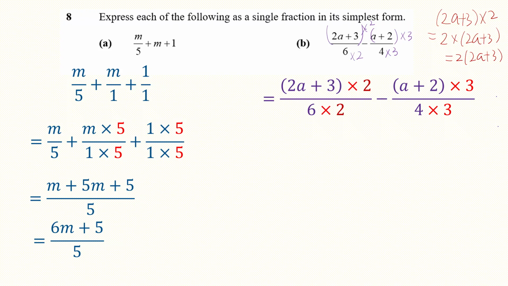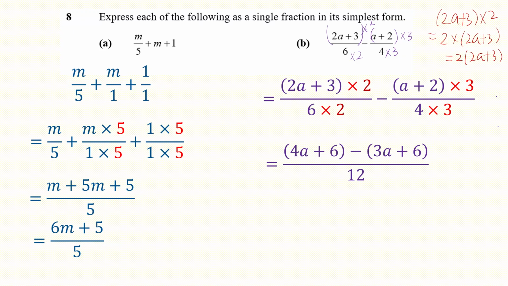So the next step will see us getting 4a plus 6 minus 3a plus 6 in brackets. We can express that as a single fraction because now we have the same denominator, that is 12.